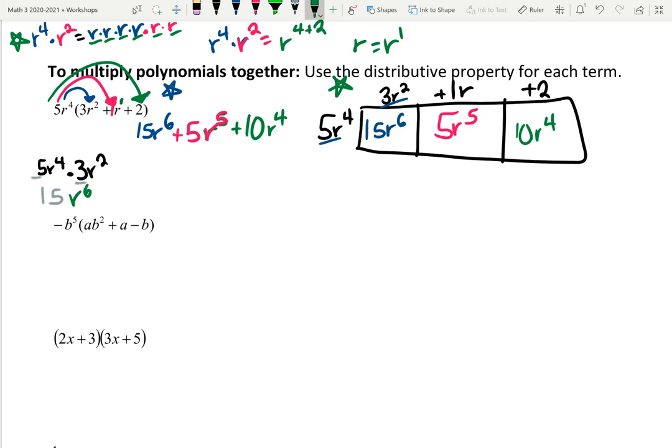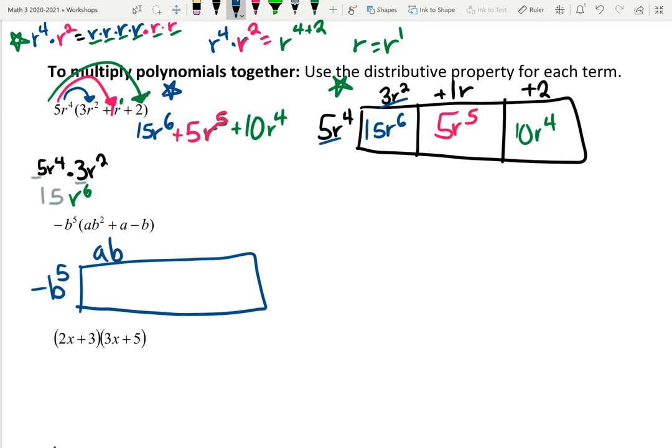So let's do a next one. Let's do negative b to the 5th. I'm going to write out my rectangle. Negative b to the 5th times ab squared plus a minus b. How many terms are in the grouping symbol? 3. 1, 2, 3. Notice how the sign is in front of the variable.